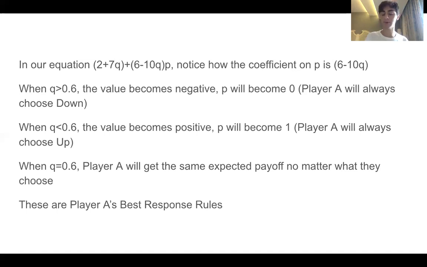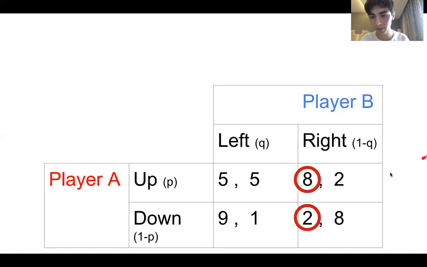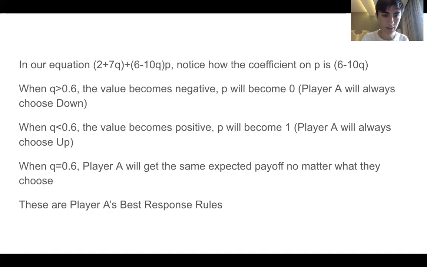How do you apply this to the table? Okay, that's a pretty fair question. Basically, all it means is that if player A were to hypothetically know how player B were to act, then they would know how often they should choose up if the game were to repeat, and how often they should go down. So if q was greater than 0.6, player A would always choose down, right?